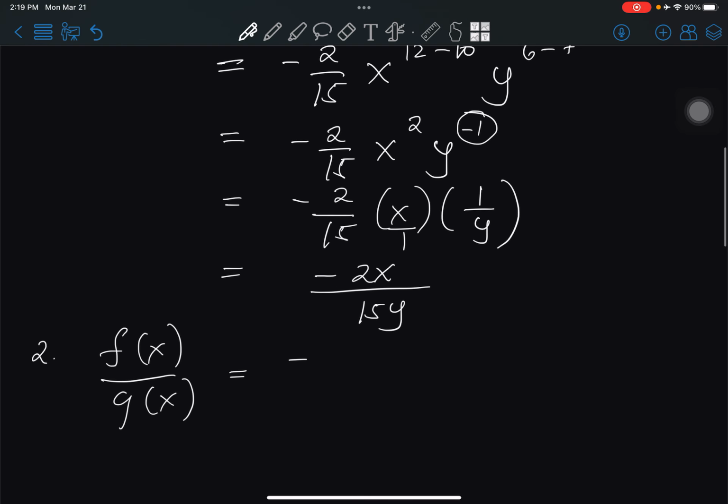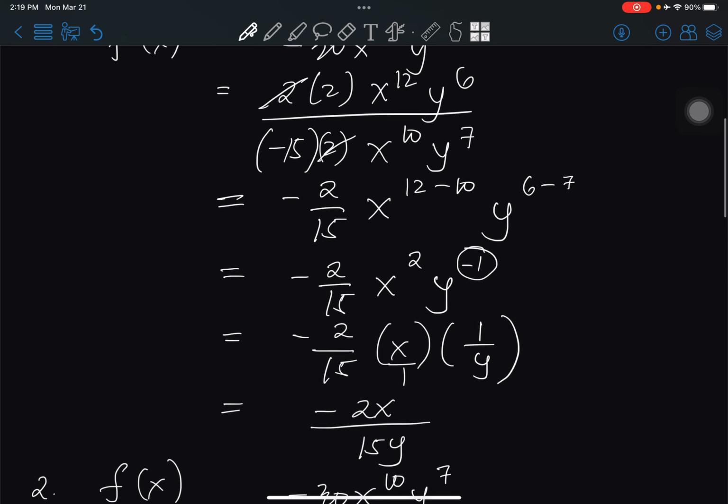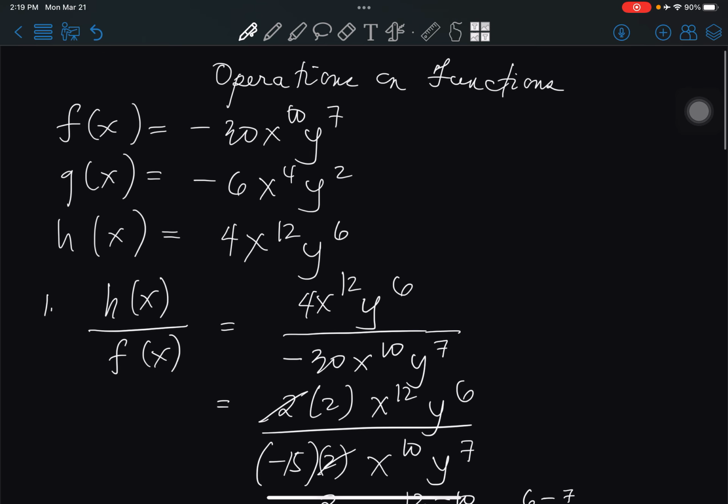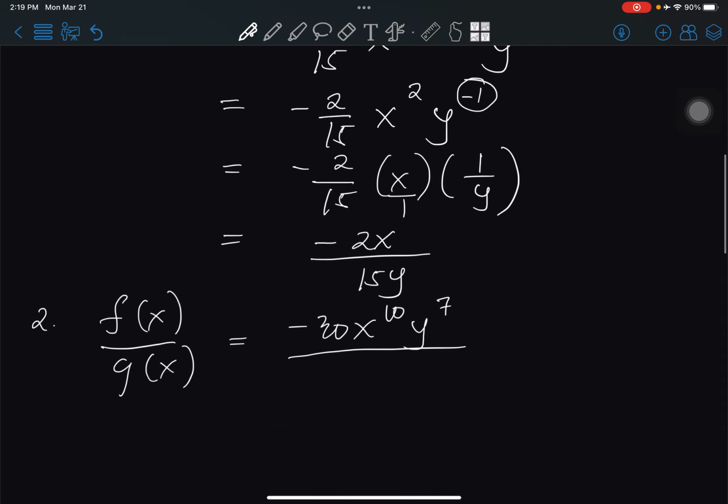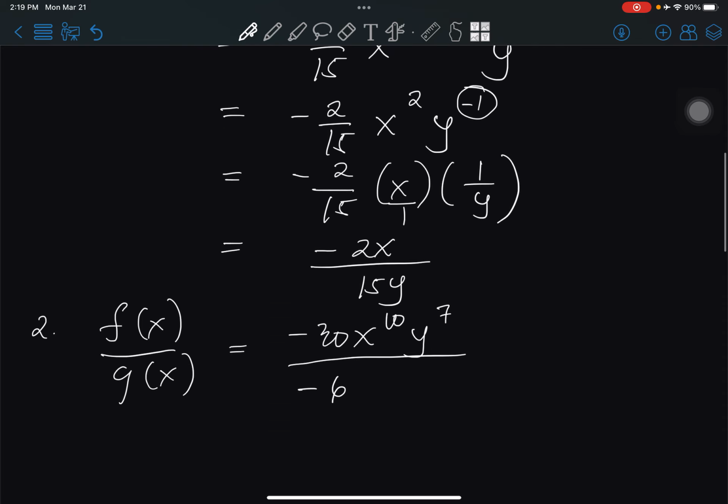So we have minus 30 x raised to the power of 10, then y raised to the power of 7, all over your g of x. Your g of x is minus 6 x to the power of 4, then y squared. So we have minus 6 x raised to the power of 4, then y squared. That is the value of g of x.